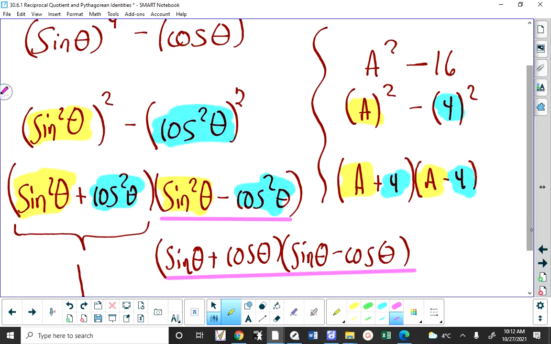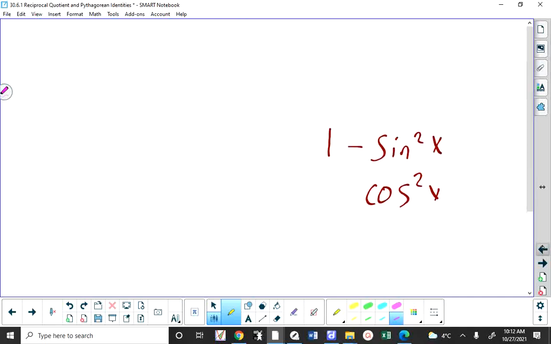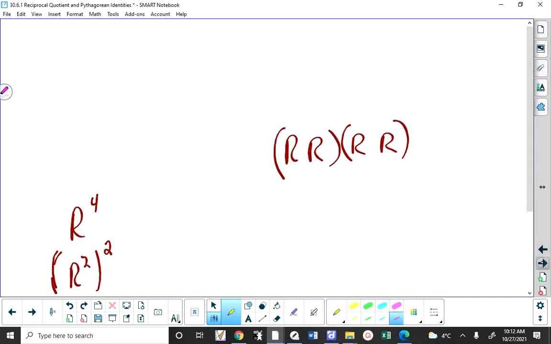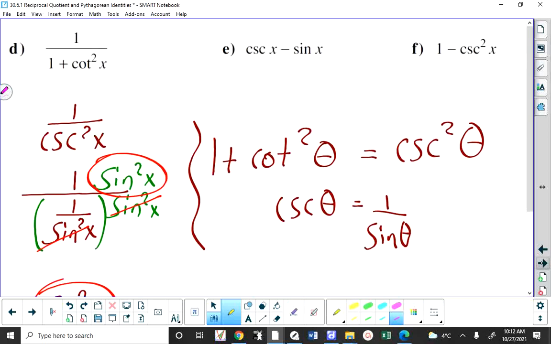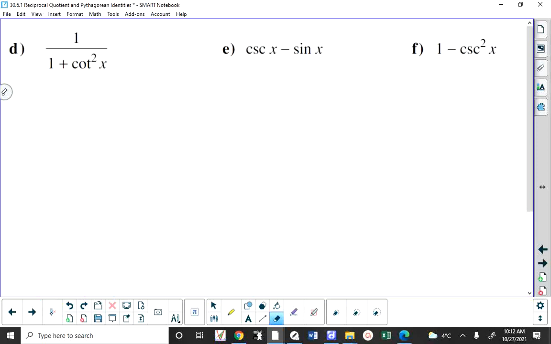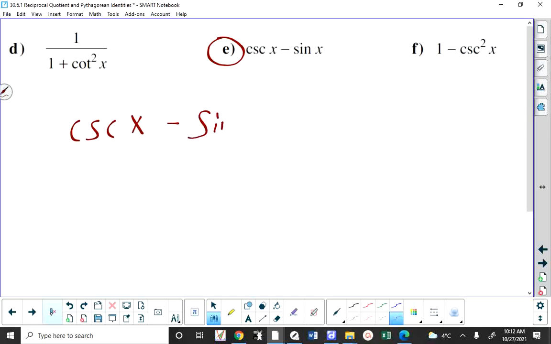6D? E. Thank you. So cosecant minus sine. Cosecant of x minus sine of x. So if we go and look at our list, there's nothing to factor.